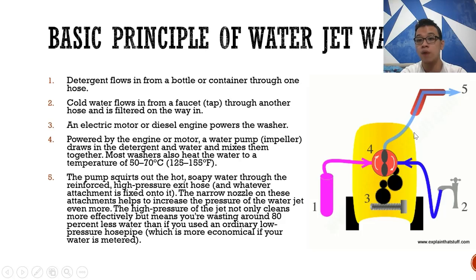Then the mixture of the water and soap comes out from the hose and the attachment on it. The attachment can usually be used to change the pressure that we want to use.